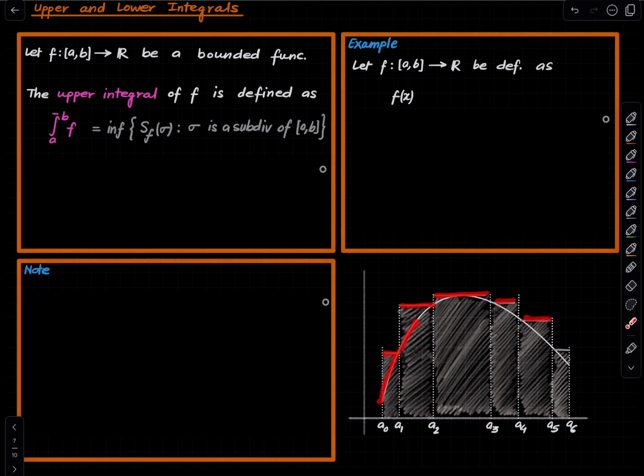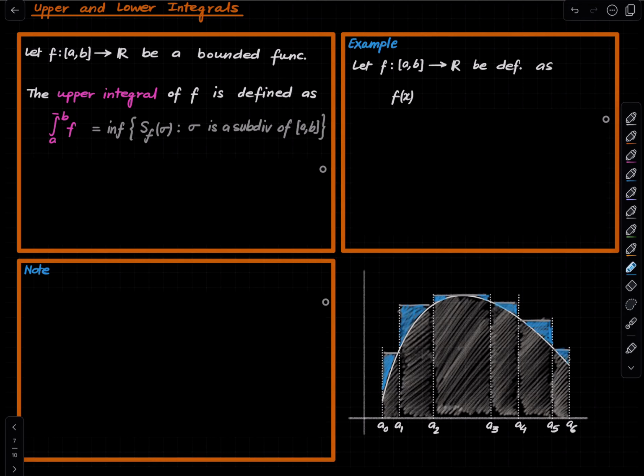The area under the curve, pictorially, is only this part. But because of the upper sum, we have overestimated. So maybe I'll shade the overestimated part. This is an overestimate, that is an overestimate.